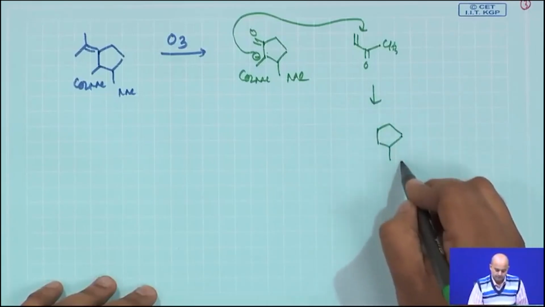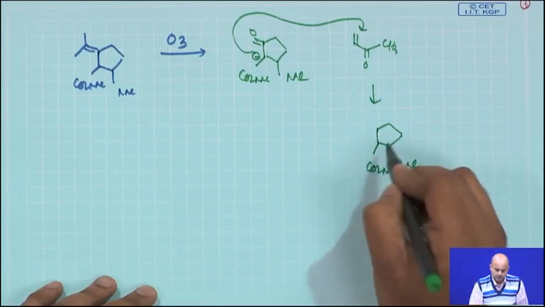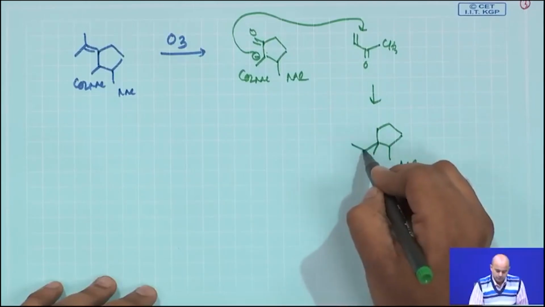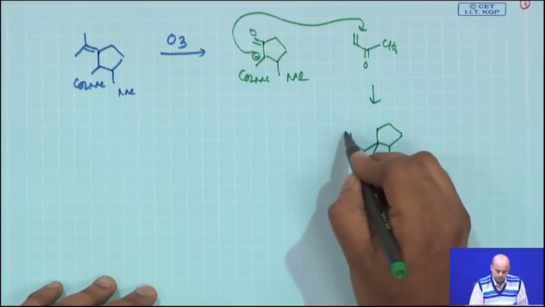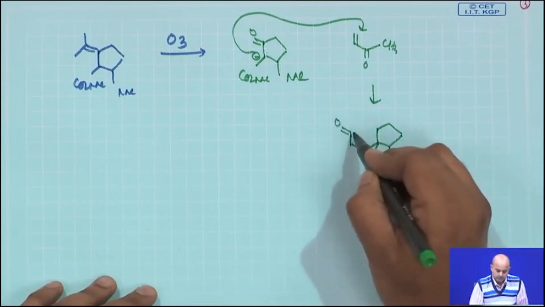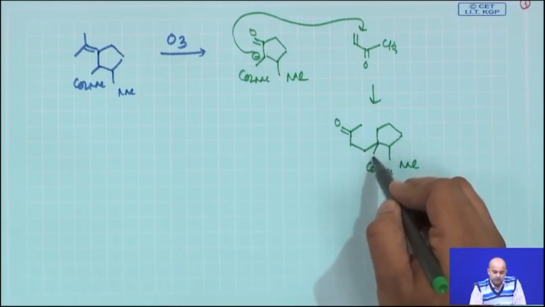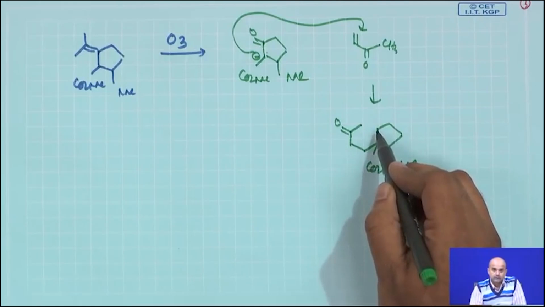You get this methyl, CO2Me, CH2, CH2, we will write this double bond of ketone this way. Now, this CO2Me is your angular CO2Me, which is created after the ring fusion.